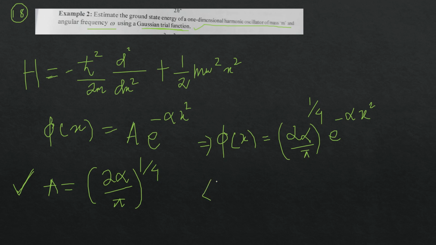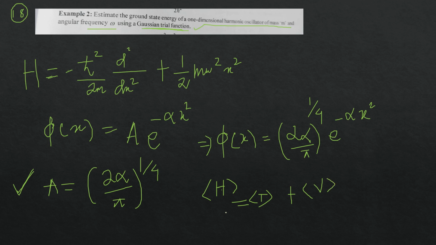First we have to find the expectation value of the Hamiltonian. That will be the expectation value of kinetic energy plus the expectation value of potential energy.